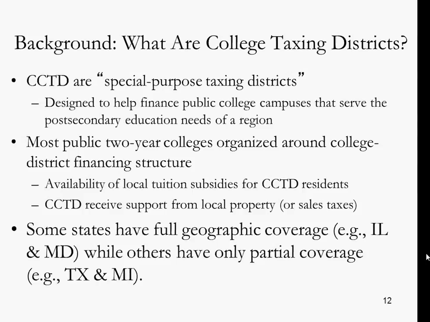All the money that's collected, and this is why it's a special purpose taxing district, goes to help fund community colleges in that district. The one payoff that people get for being taxed is that if you live in the college taxing district and you go to the community college in that district, you typically get a lower tuition rate than if you don't live in the taxing district.